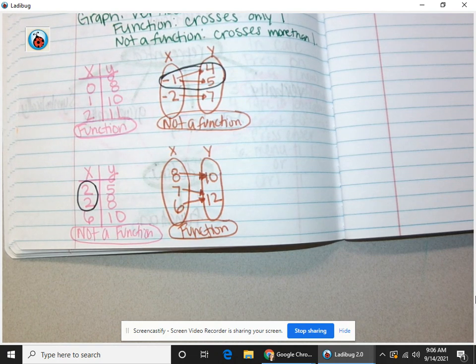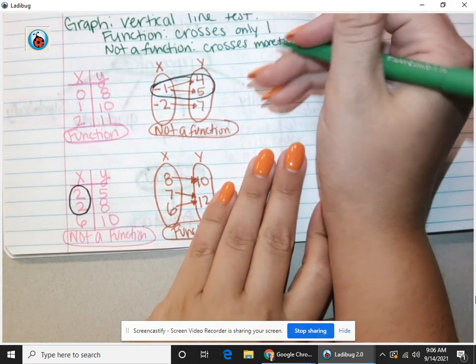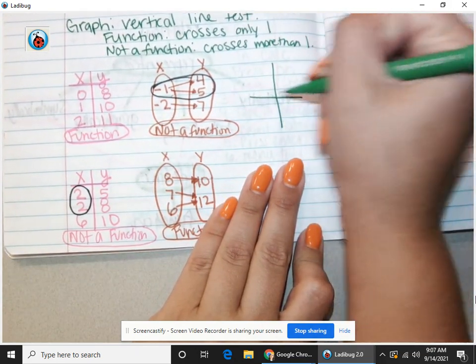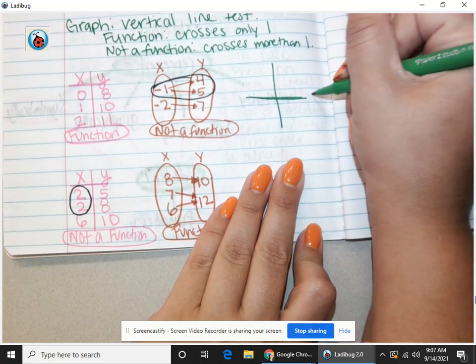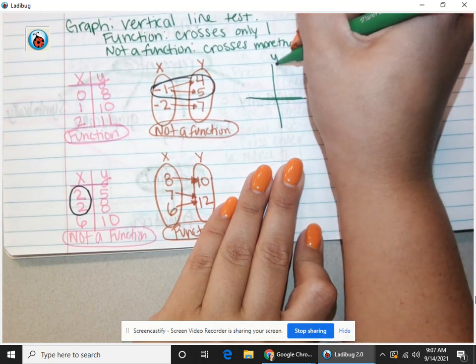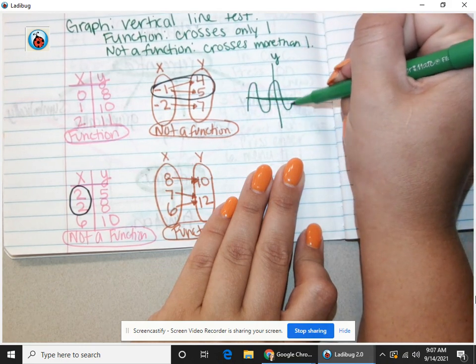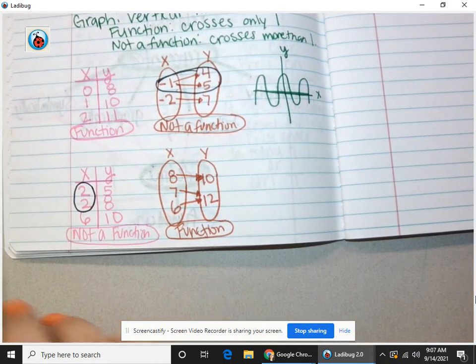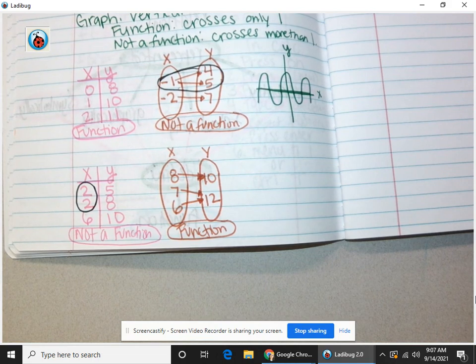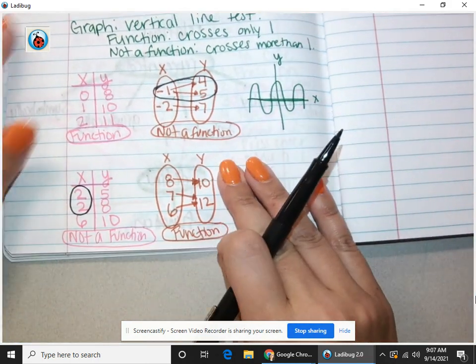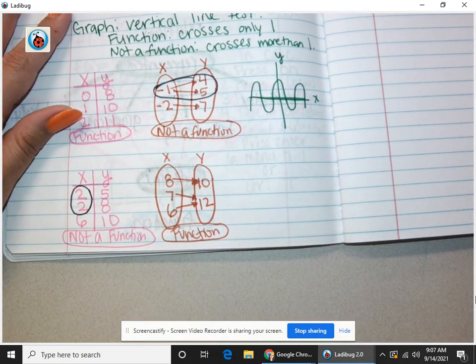Okay. And finally, let's look at some graphs. So I've got x and I've got y, and I want to look at this graph here. Okay, this is y. We want to pass the vertical line test.